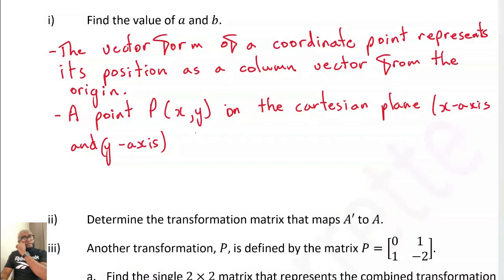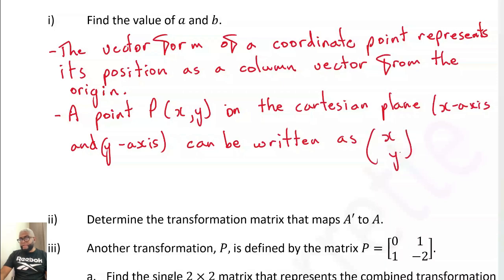So the point P can be written as x, y. If our coordinate is written in coordinate form, it should be x, y. To write it in vector form, it will be x on top, y underneath.